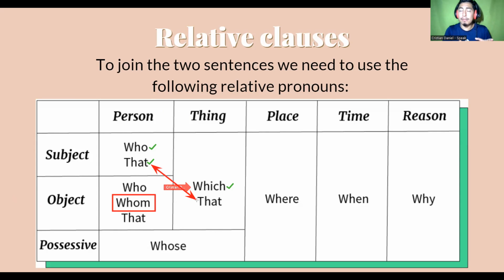Who is only for persons, which is only for things, and that is for persons and things, okay? Then some other relative pronouns can be where, if we are talking about places, or when, if we are talking about a time expression or specific time, okay?